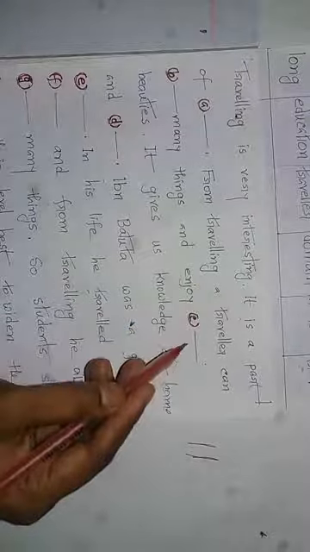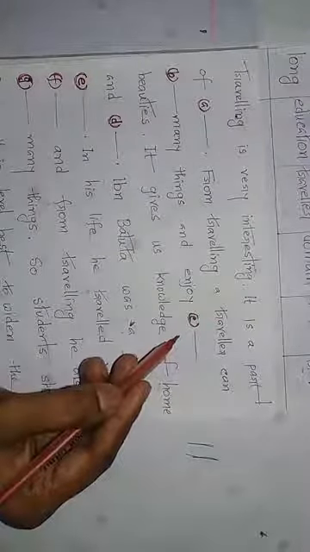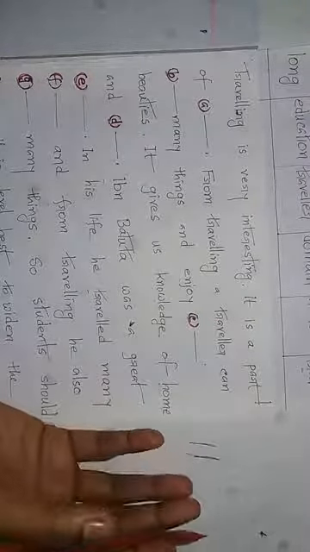Now look at the next gap, that is C. Notice the structure of this sentence again. It's a compound sentence. This gap is after a transitive verb. Dear students, you know a transitive verb takes an object after it, and that object may be a noun or pronoun, right?